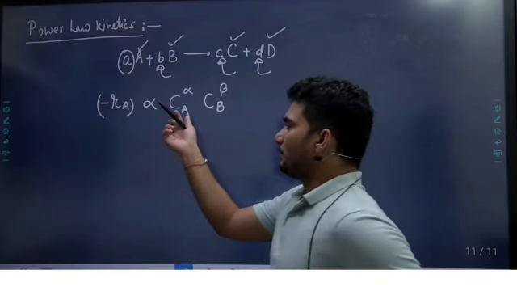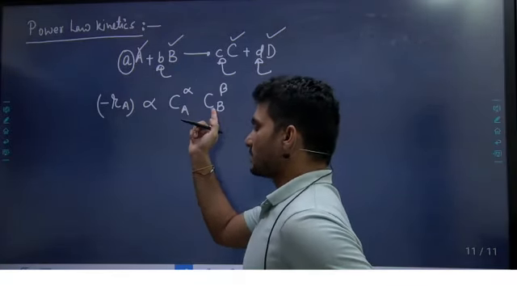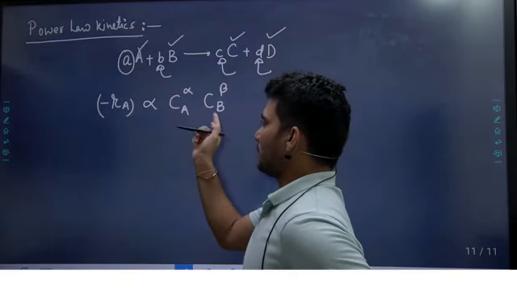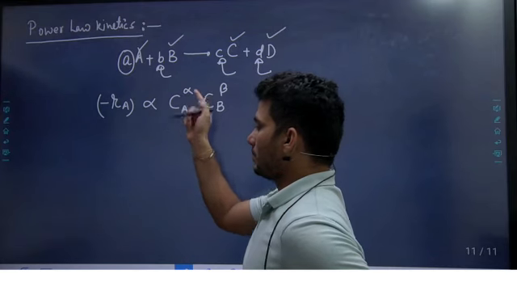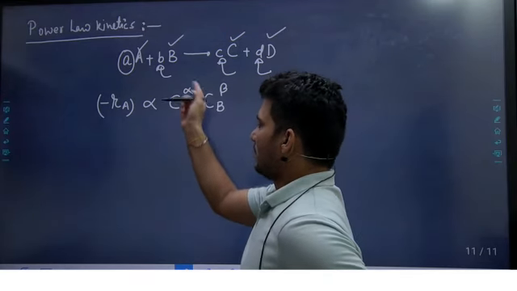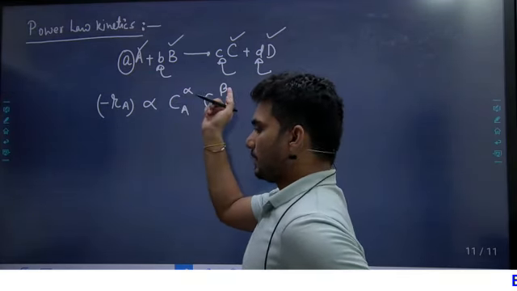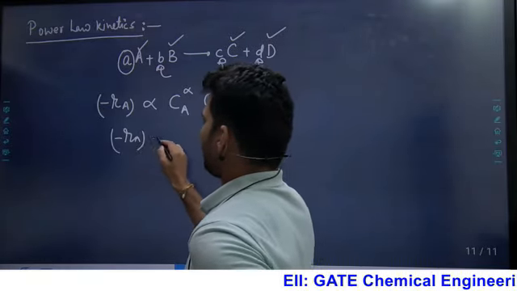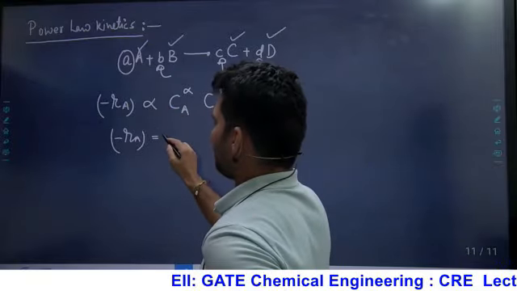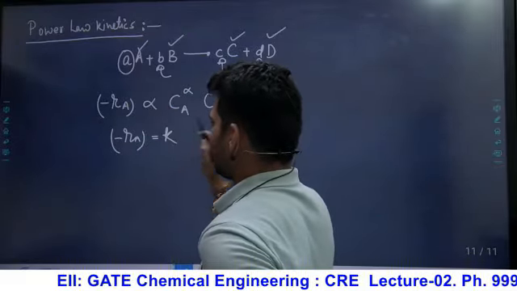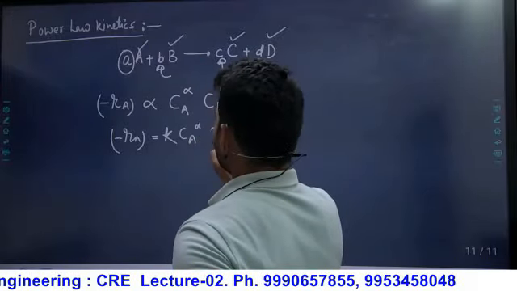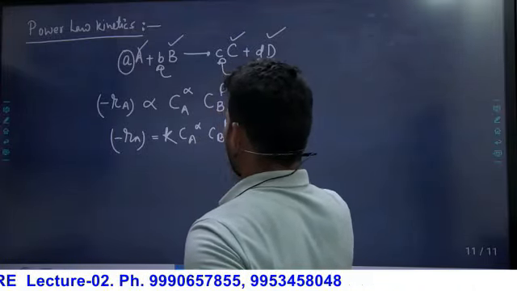It means just the multiplication of the concentration of reactant A and the concentration of reactant B raised to exponents, that is alpha, that is beta. So this minus rA you can write by removing the proportionality sign and taking the proportionality constant, that is k, times CA to the power alpha, CB to the power beta.